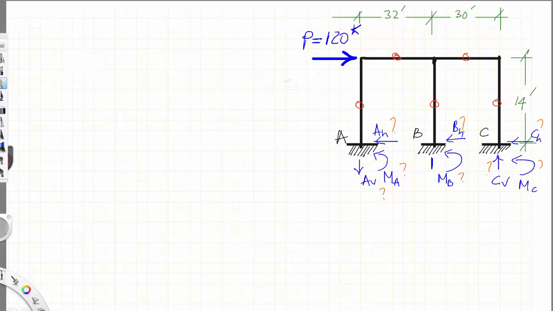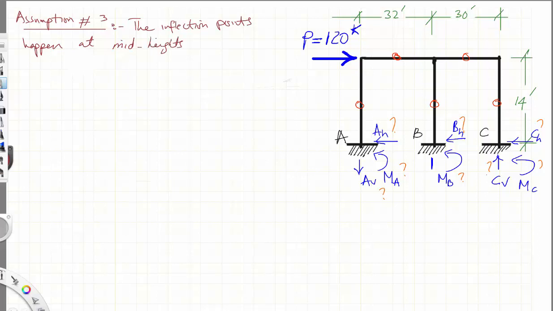So based on that, assumption number 3 is the inflection points happen at mid heights of columns, if you will, and at mid spans of beams, like so.